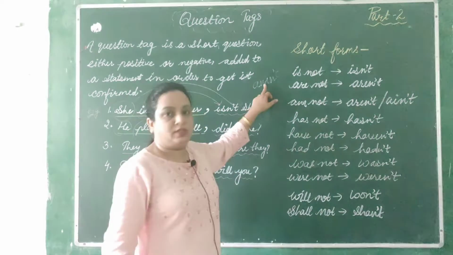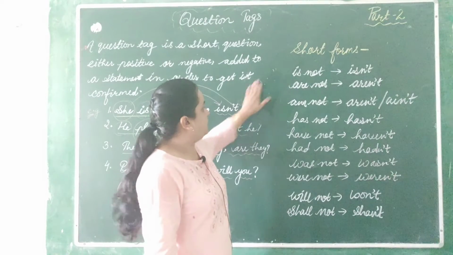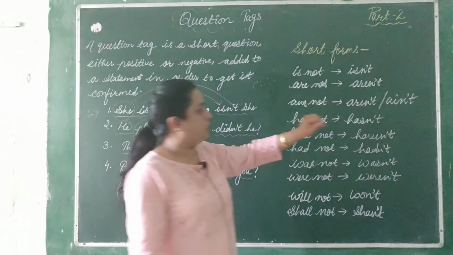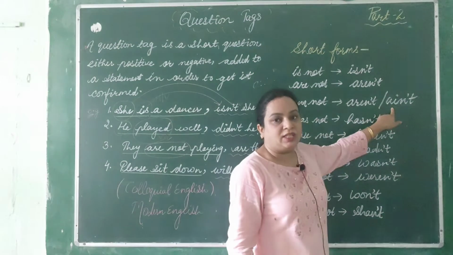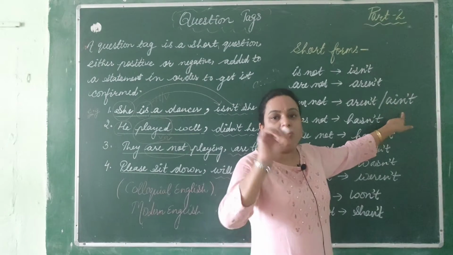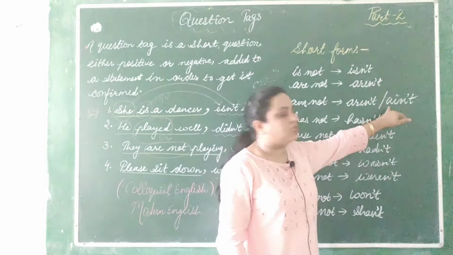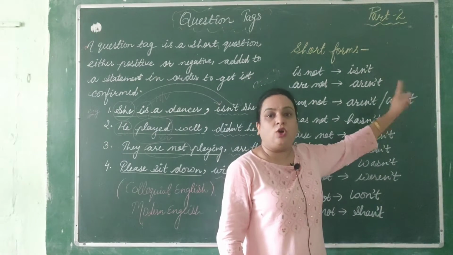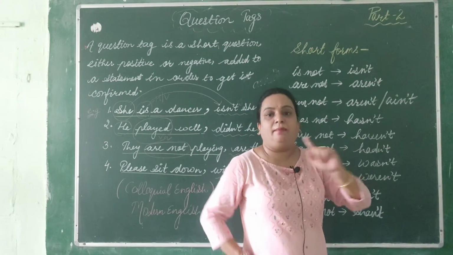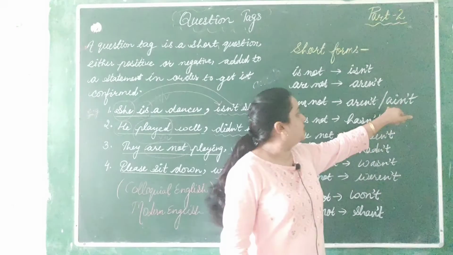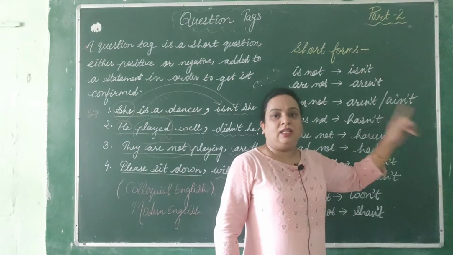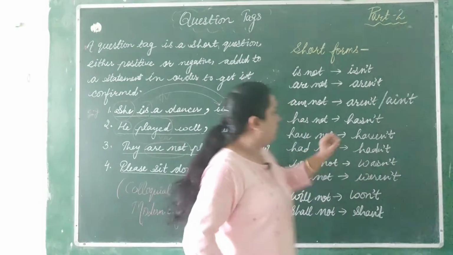It is not amn't, but it is ain't. In American English actually we use this ain't, AIN then apostrophe and T. Please see carefully. It is ain't, AIN apostrophe T. It is not AMN'T.